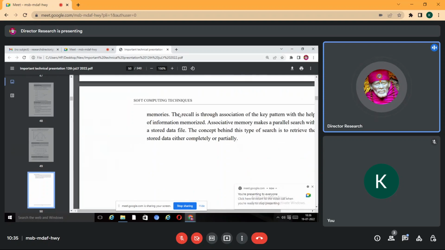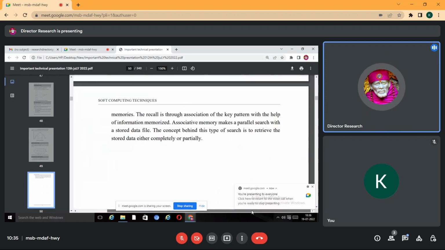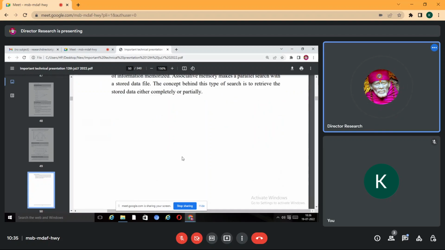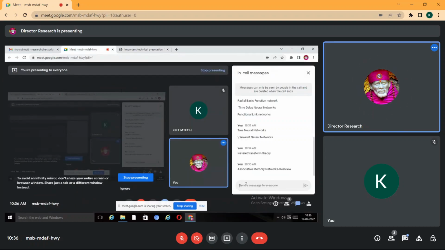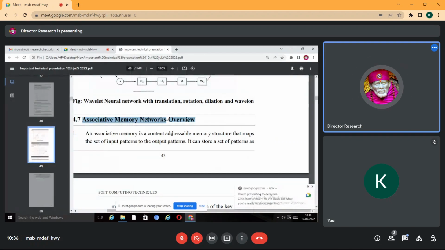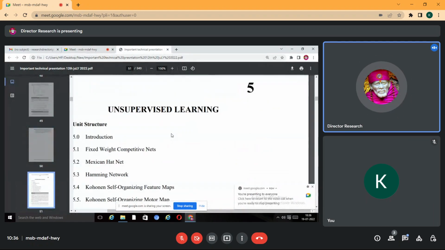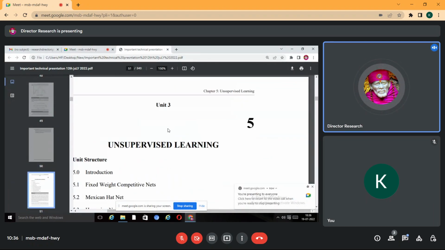The recall is through association of key patterns with the help of the information memorized. An associative memory makes a parallel search within a stored data file. The concept behind this type of search is to retrieve the stored data either completely or partially. This is the concept of associative memory networks overview.